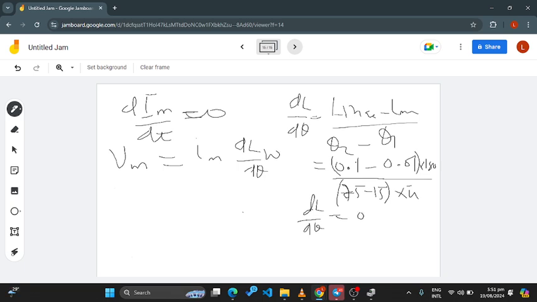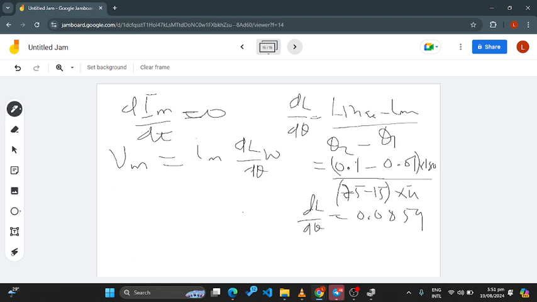So it's 0.0859. Okay, 0.0859, we will just use 4 decimal places. So okay, this is it.